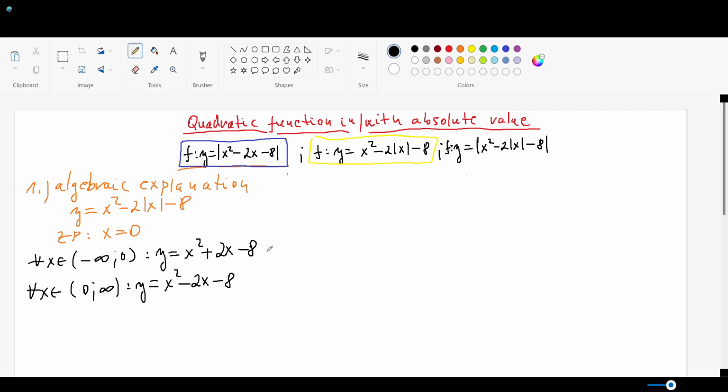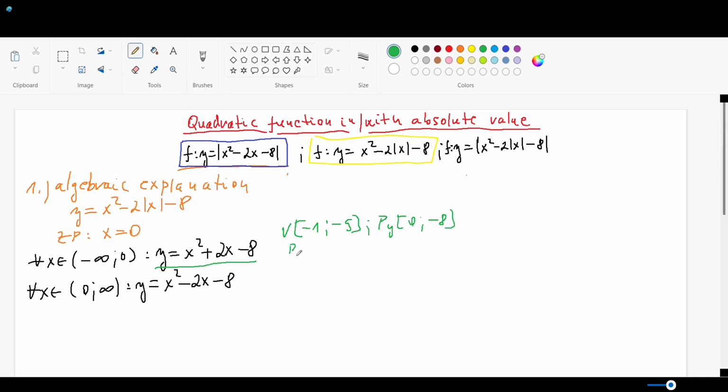What I want to show now is that if you use this approach, then you should still find the intercepts and vertex coordinates. So let's go through the first function, which is this one, and the vertex x-coordinate is negative b over 2a, which is negative 1, and the y value is negative 1 squared, which is 1, plus 2 times negative 1, which is negative 2, which gives negative 1, minus 8, which is negative 9.